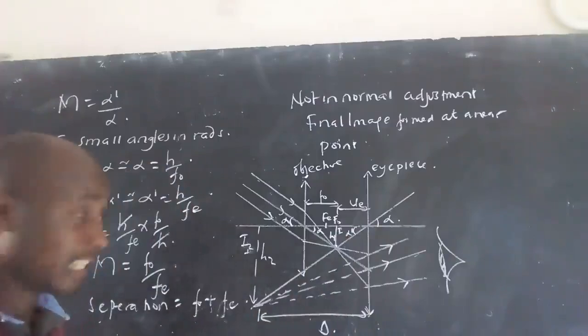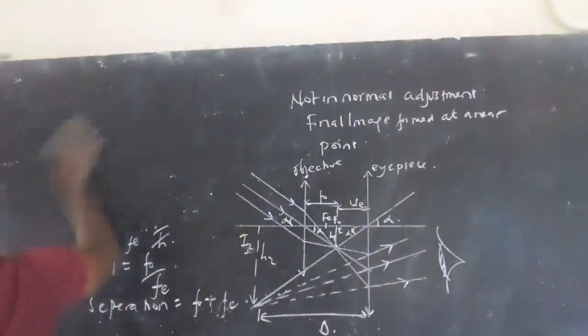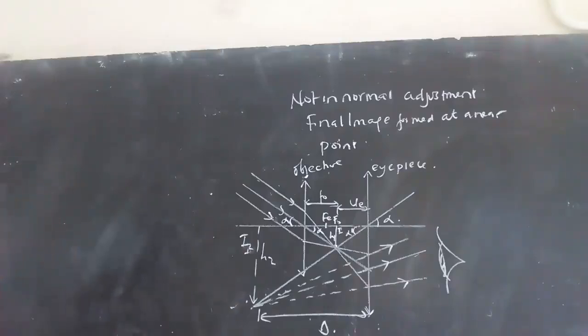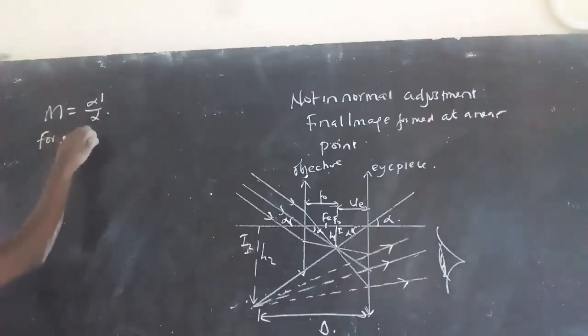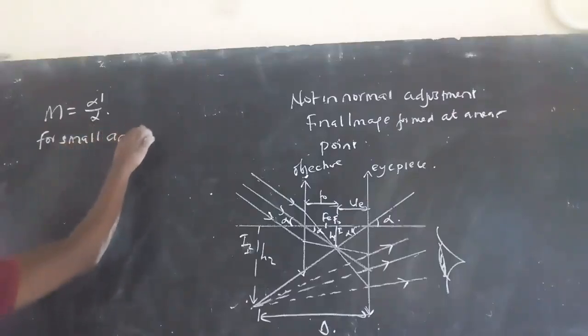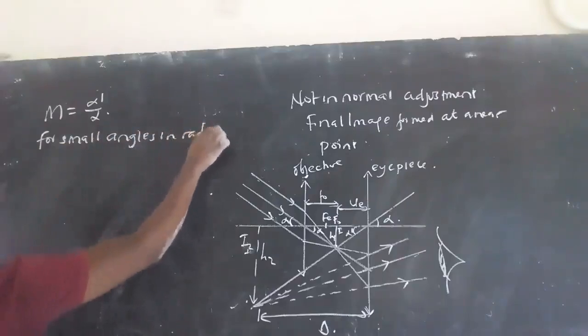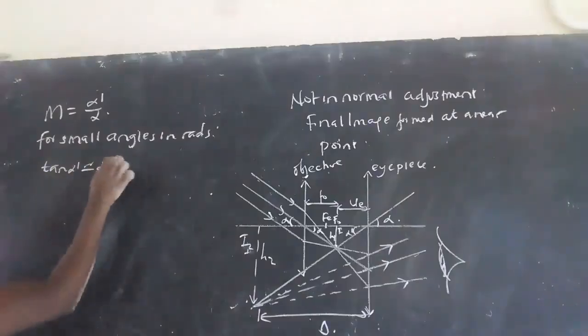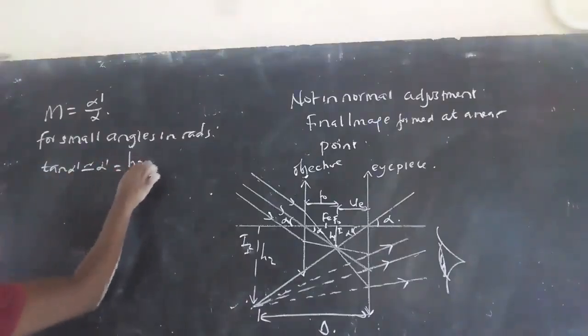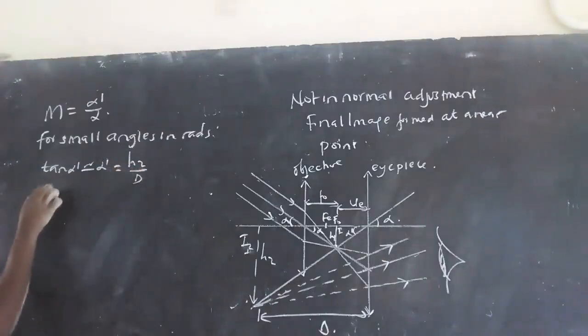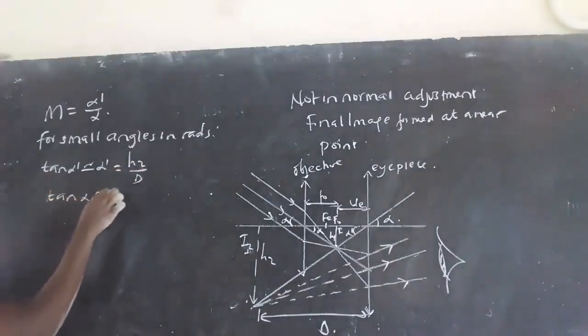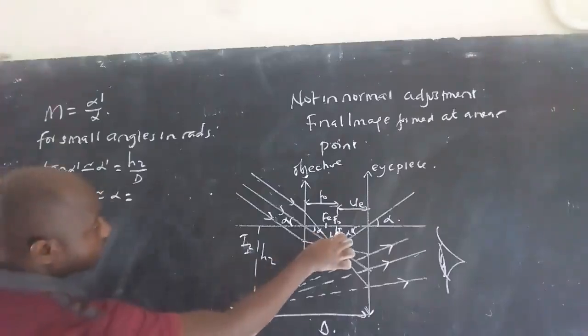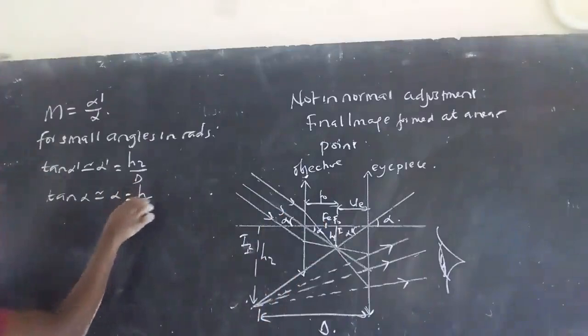Here we don't have an aided eye because you cannot see the star using your naked eye. So we shall say magnifying power is alpha prime over alpha. For small angles in radians, we should have tan of alpha prime, which is H2 over D. Then tan of alpha is approximately alpha, that is H1 over F0.